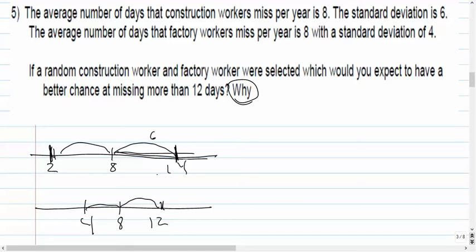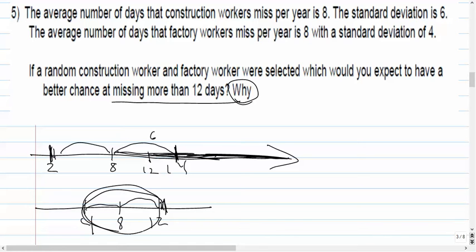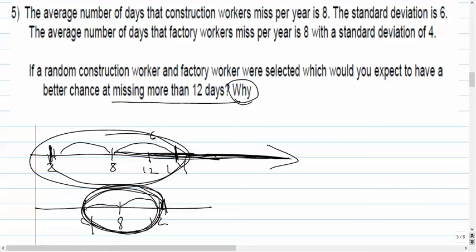So who's going to have the more likely chance of missing more than 12 days? Well, here's 12. And since the data is spread out more, you're more likely to find construction workers missing more than 12 days as opposed to a factory worker whose data is going to be more closely associated with numbers between 4 and 12, whereas these guys are further out.